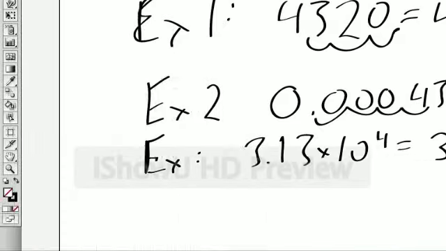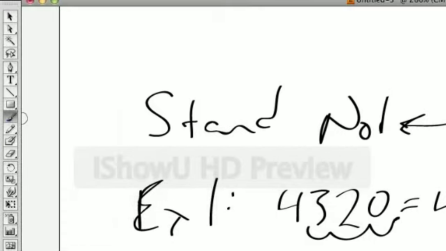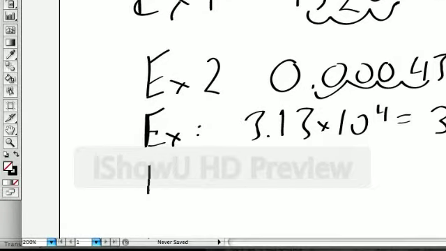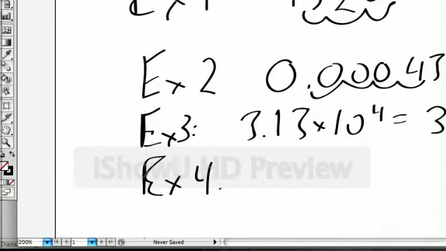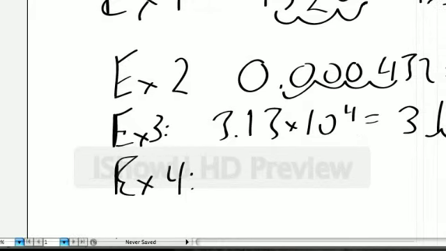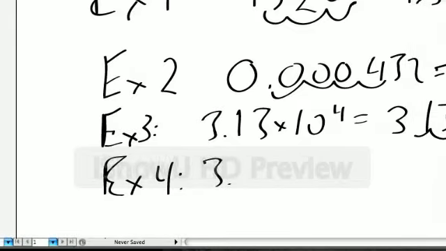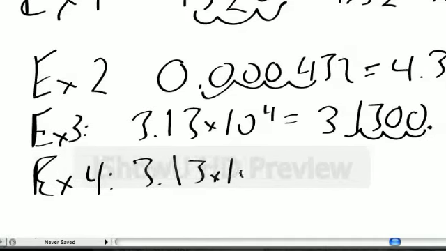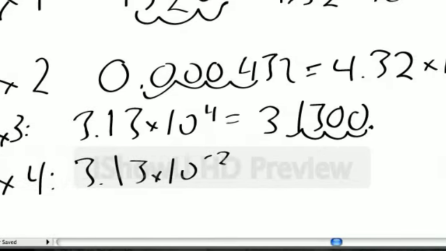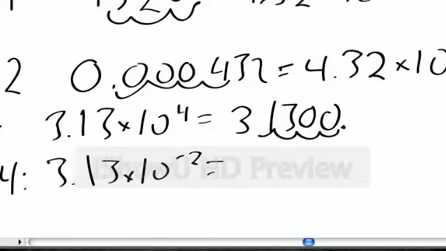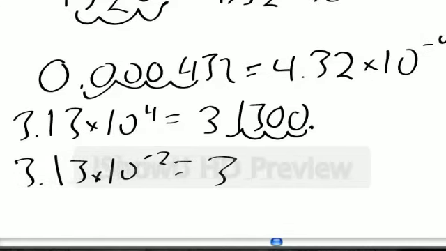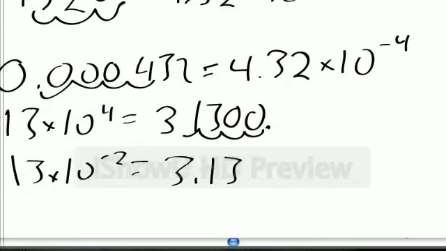If I have a number such as, that was example 3, such as 3.13 times 10 to the negative 2. Okay, this time my number was 3.13.